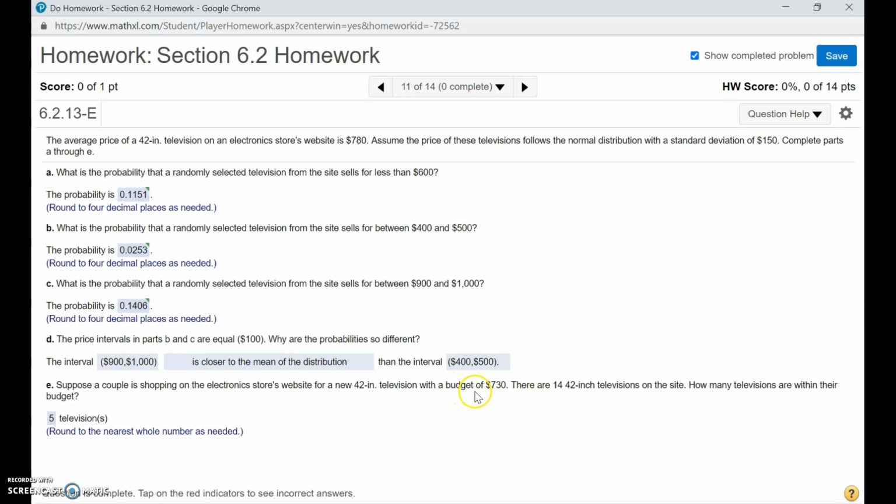We have a budget of $730 and the average is $780, and our standard deviation is 150. First, we need to see what is the probability of the TV being 730 or less.